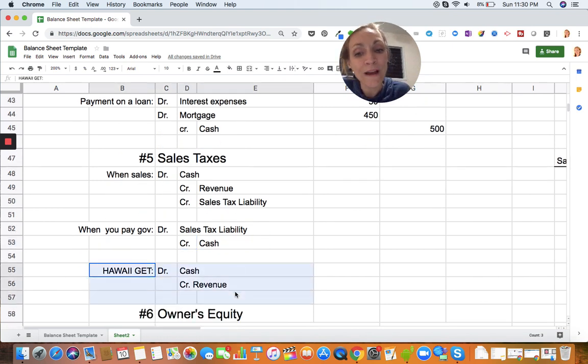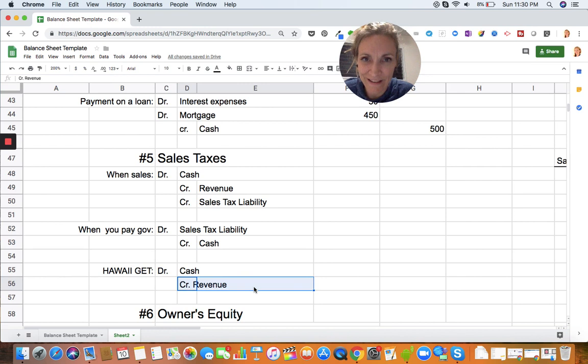Now, with Hawaii GET, we don't actually do this. You can pass on GET tax. Businesses can do that. They're not required to do that. Even if they do that, the amount just goes into revenue that you then calculate your GET tax on.